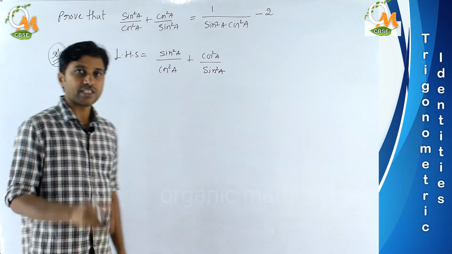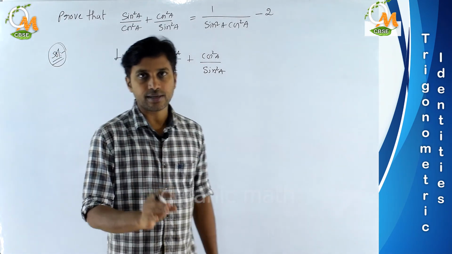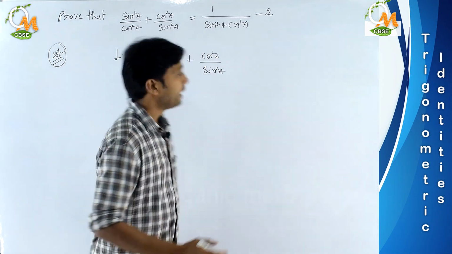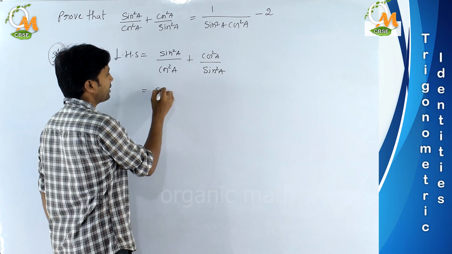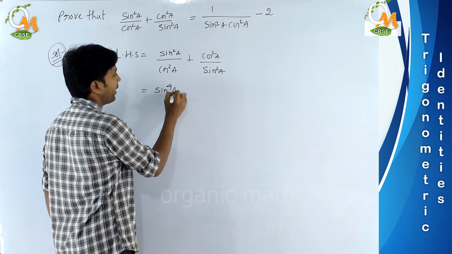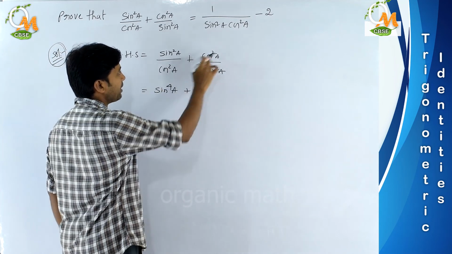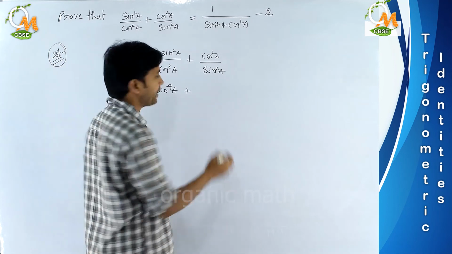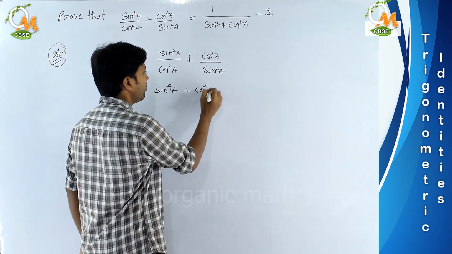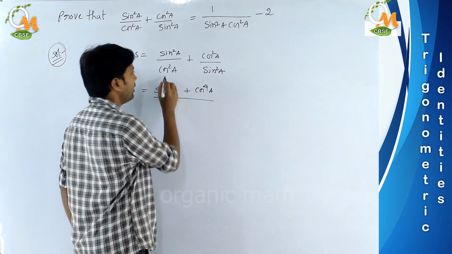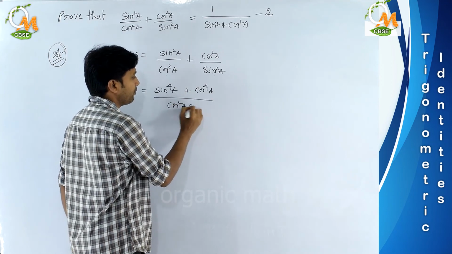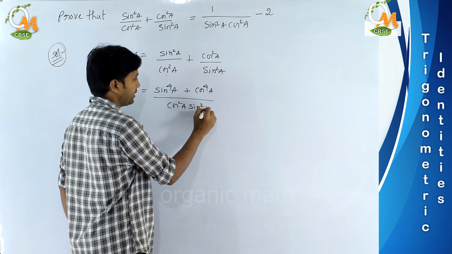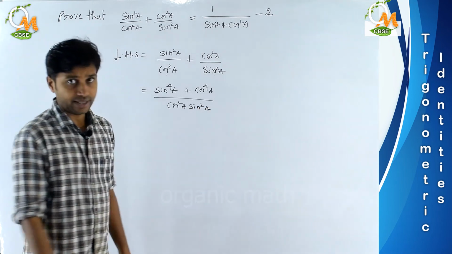Do one thing: for simplifying this, we need to take the LCM of the denominators. Here sine square a into sine square a would be sine to the power of 4a, and cos square a multiplied with cos square a gives cos power 4a, upon cos square a into sine square a. We just took the normal LCM.